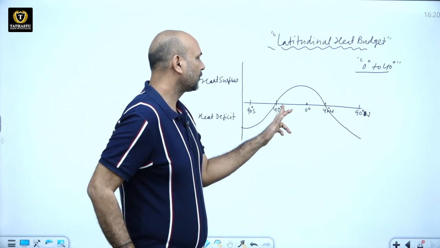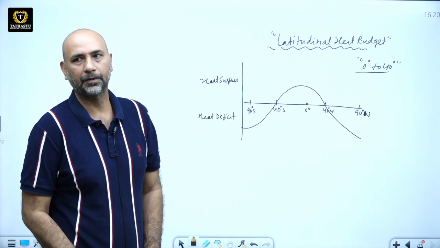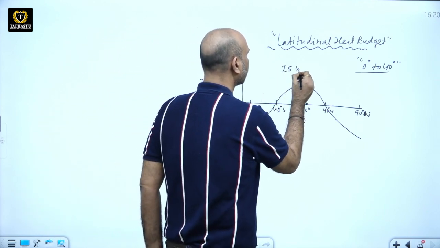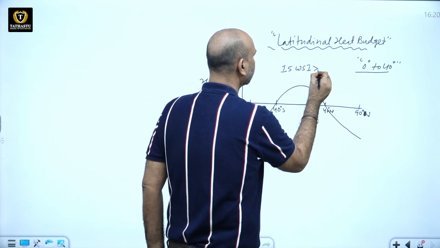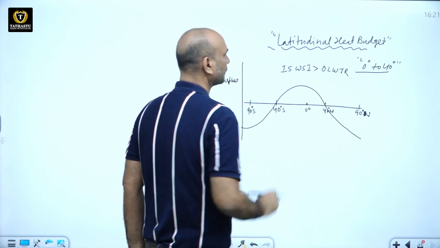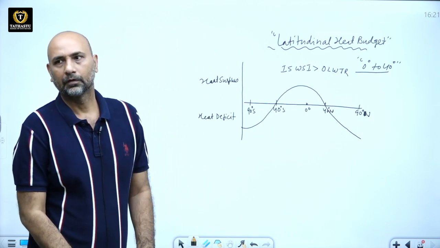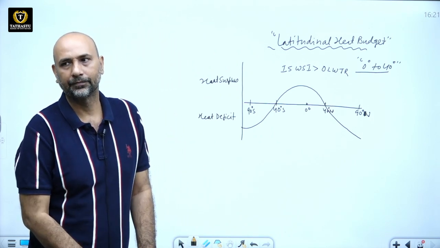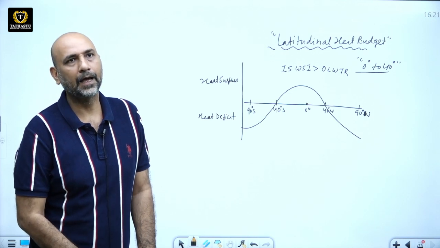From 40 degree north to 40 degree south, we have heat surplus. Why? Incoming short wave solar insolation exceed outgoing long wave terrestrial radiation. The inflow of energy exceed outflow of energy, surface and atmosphere.